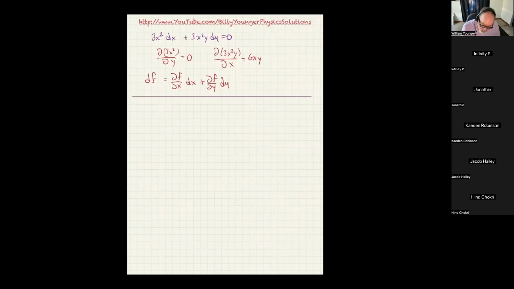And most of the time, most authors will use this. They'll say delta U plus delta K is equal to 0. And this is called conservation of energy.